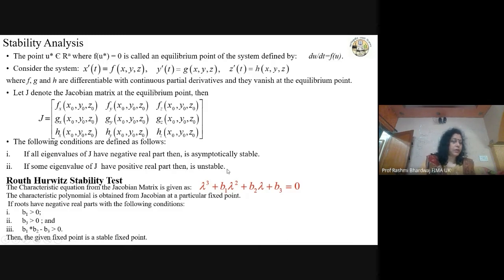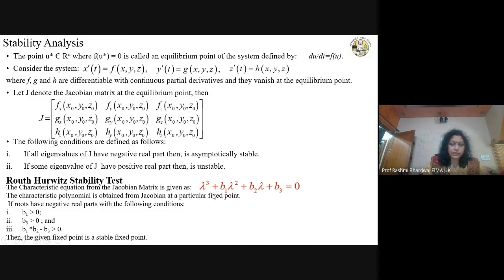And this is the important test which we use in studying stability, the Routh-Hurwitz stability test. What we are doing is this: the equation you get through the Jacobian as an eigenstructure is lambda cube plus b1 lambda square plus b2 lambda plus b3 equal to 0.